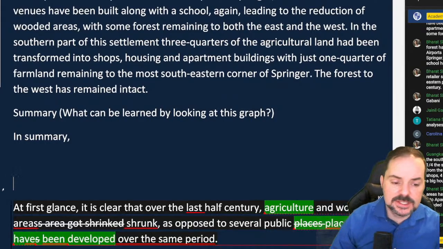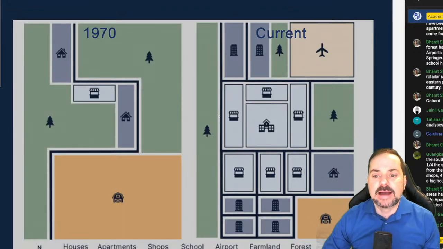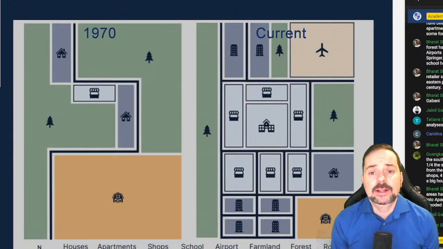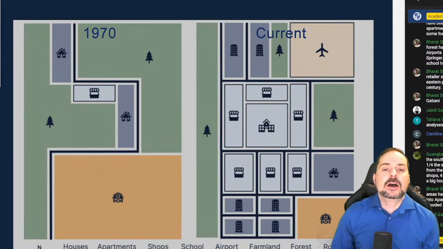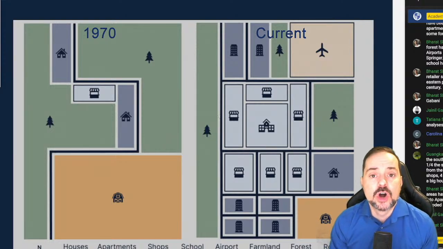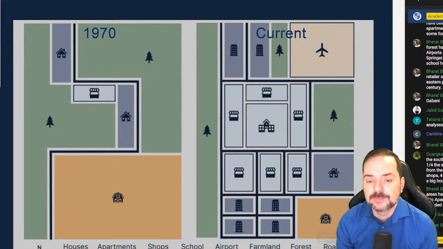All right, the summary, students. So what can we summarize about these maps? Well, clearly we can summarize that the Springer has undergone considerable amount of development and population growth over the course of the last 50 years.